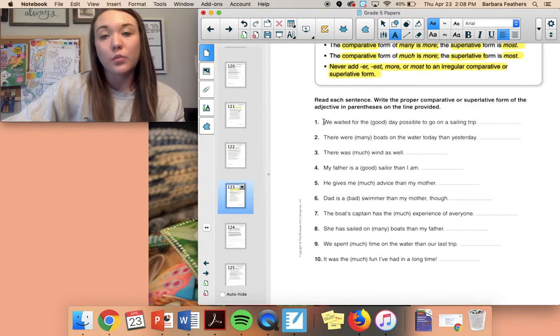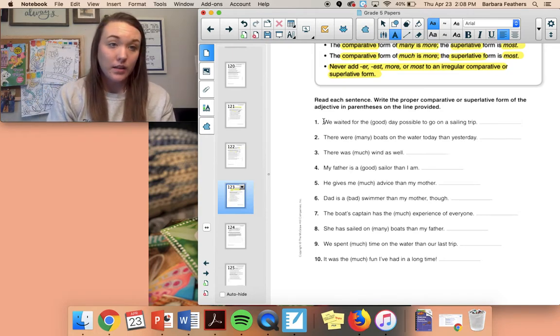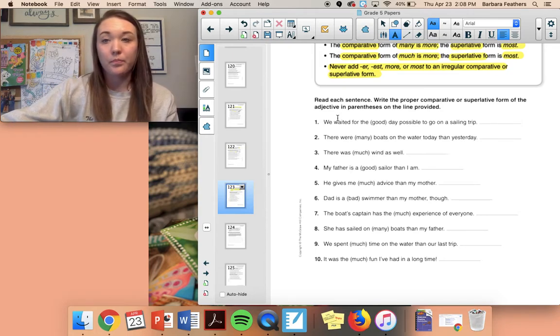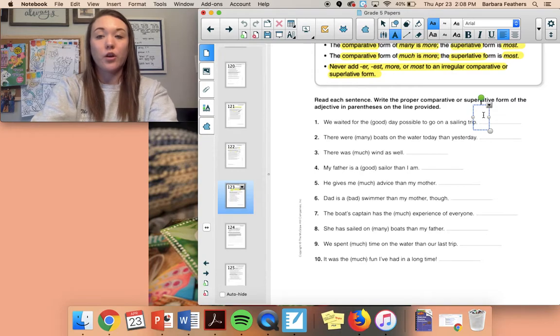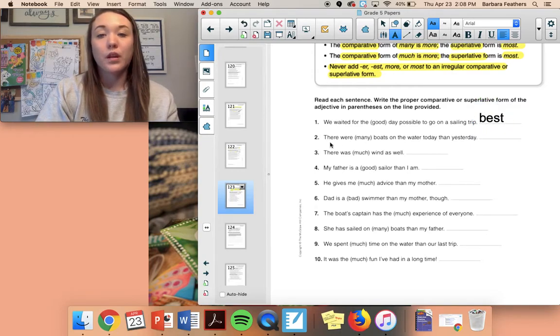Number 1 says, we waited for the good day possible to go on a sailing trip. I know that there are many days that I could go on a sailing trip. So I need to use the superlative form of good, which we know is best. Number 2 says, there were many boats on the water today than yesterday.